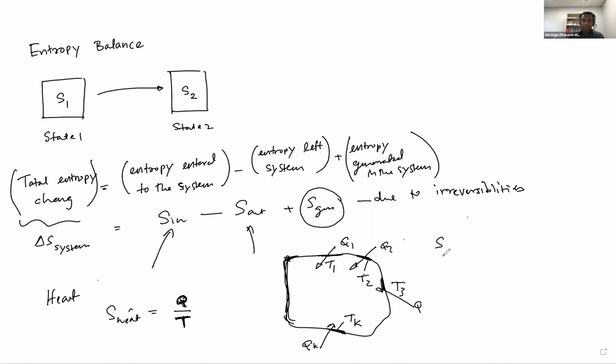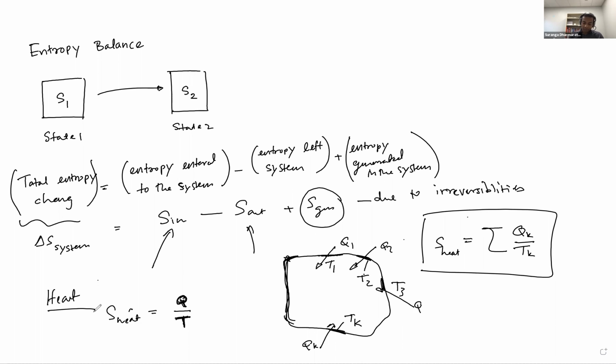So S heat total can be written as the summation of Qk over Tk. This will give you the total entropy transfer by heat.